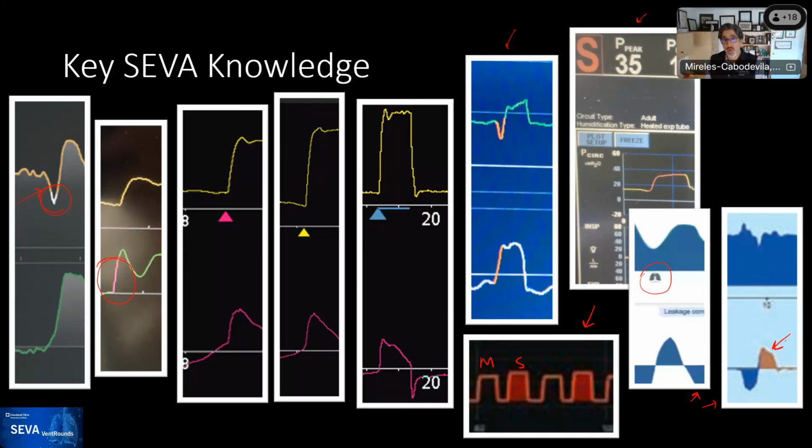And two, to highlight that sometimes, even when the patient is triggering, it's a signal from the patient that the ventilator is interpreting. You will not see a change, just like over here. I don't see any change on the pressure or the flow that would tell me that's the patient.